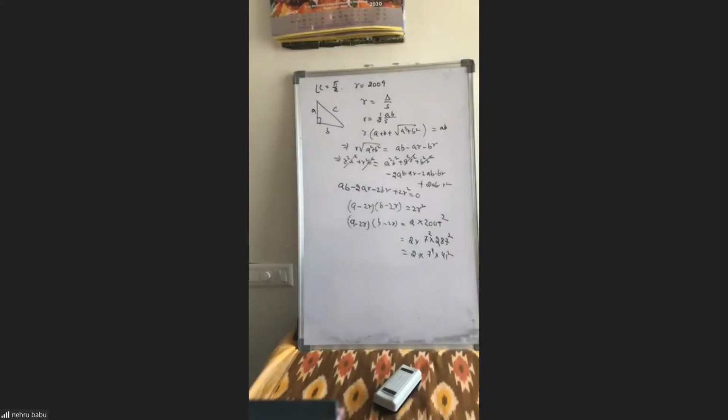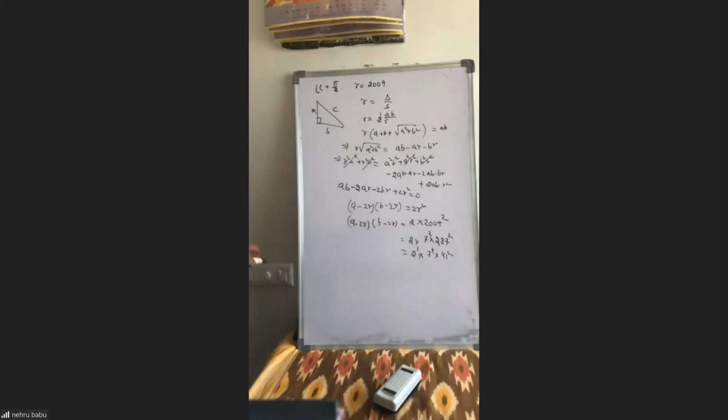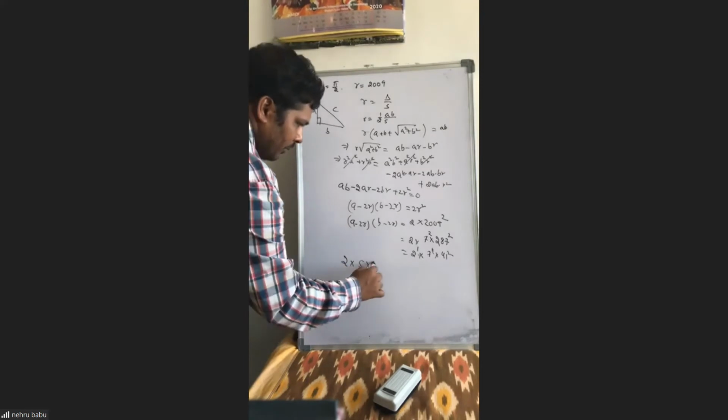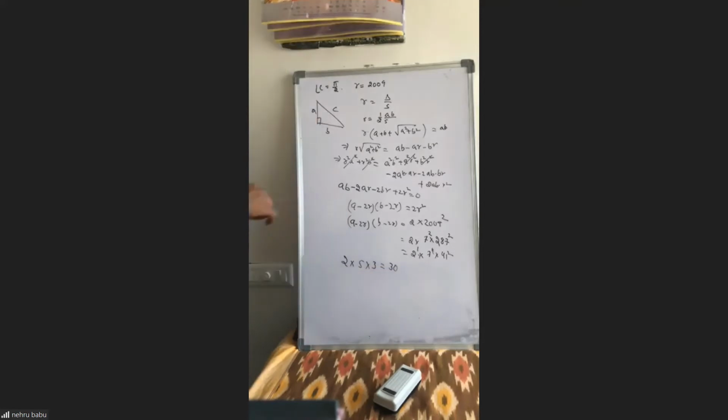Now, how many factors are there for this? Number of factors: 2 into 5 into 3, so 30 factors. Like product of the two things we are writing, 15 ways you can write. It's a minus 2r and b minus 2r, because out of 30, one is a minus 2r, obviously the other one is b minus 2r.